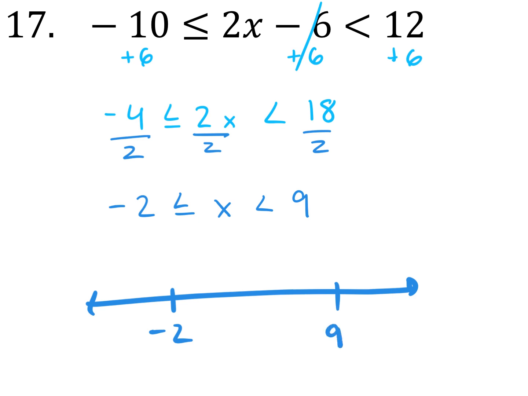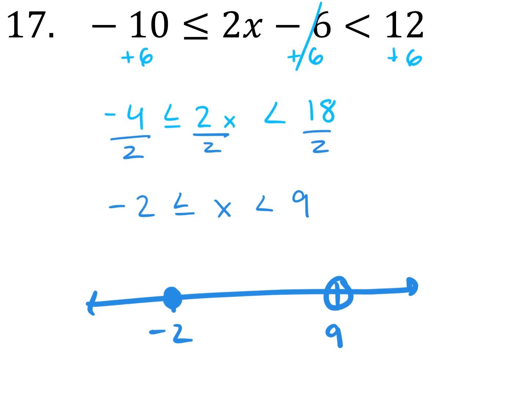At negative 2, am I going to put an open circle or a closed circle? Closed circle. At 9, do I have an open circle or closed circle? Open circle. Now let's see if we're going to highlight in between our 2 numbers or outside. So let's plug in a number, see if it makes sense.